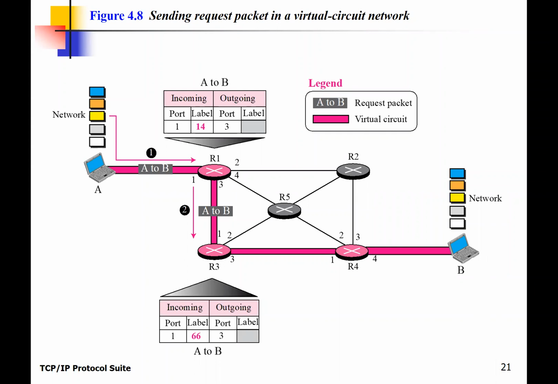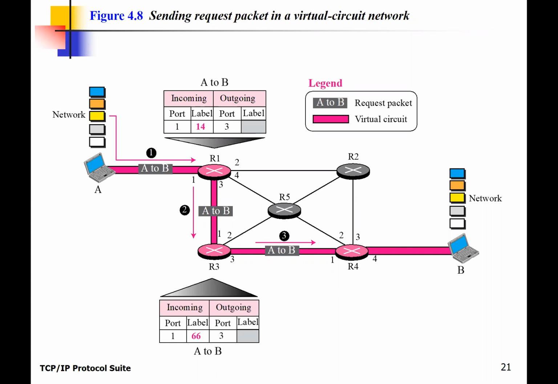I will name it label 66. It's a random label, so we will say it's called 66. Okay, and it has to go through interface 3, and the out label is blank. I'm not going to add a label. Why? We'll see why.